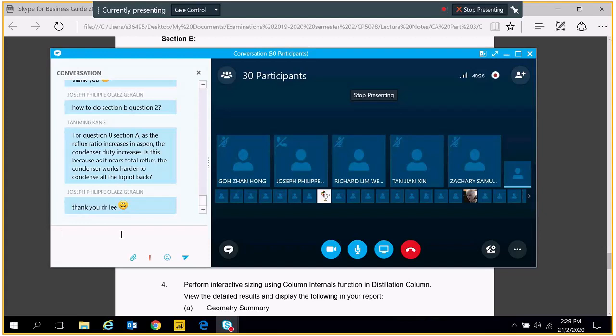So when you increase the reflux ratio, you're putting more of the reflux back into the top tray of the column. Now, as a whole, the overall temperature of the column will decrease from tray to tray. When it decreases, what does it mean?